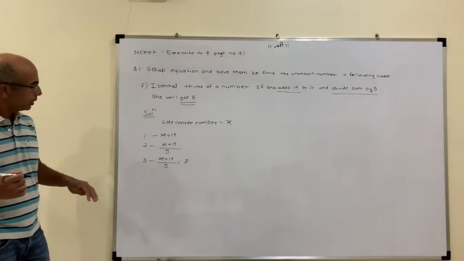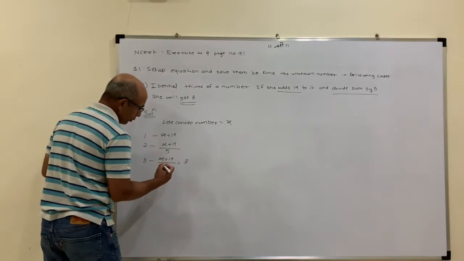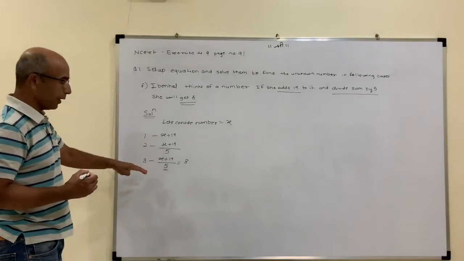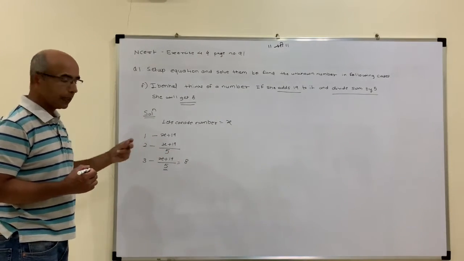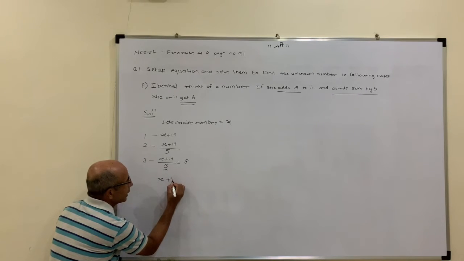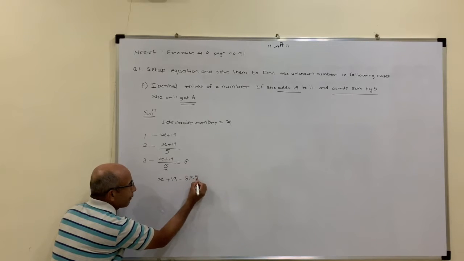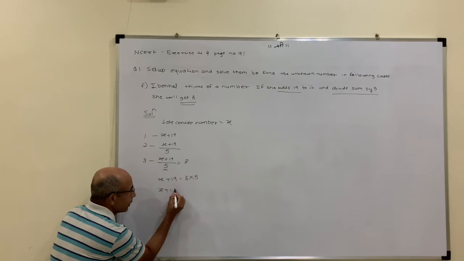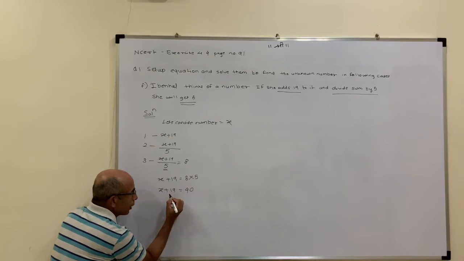Now I'll start solving this equation. To solve the equation, I'll transpose this 5, which is divided on the left hand side, to the right hand side. So my next step will be x plus 19 equals 8 into 5. After further simplification, x plus 19 equals 40.